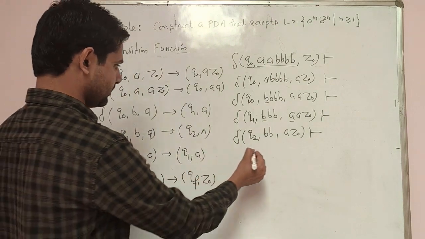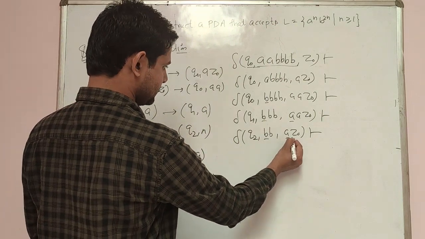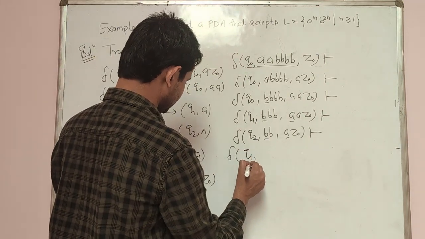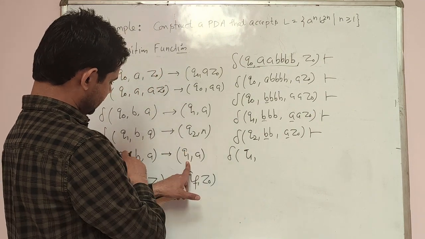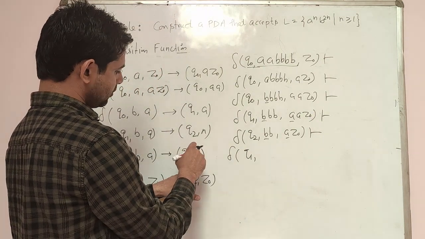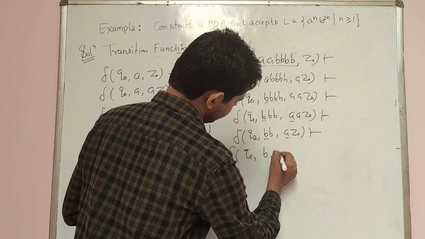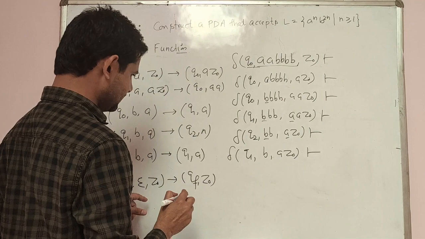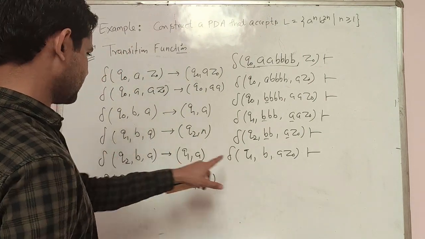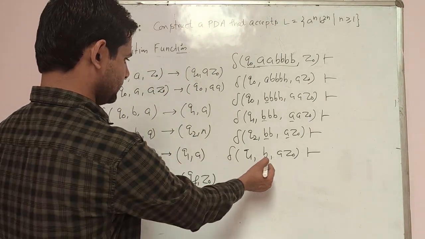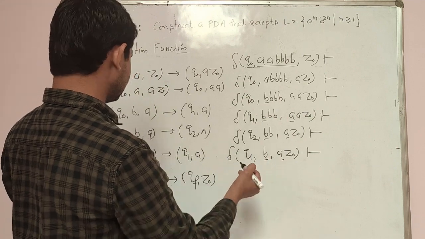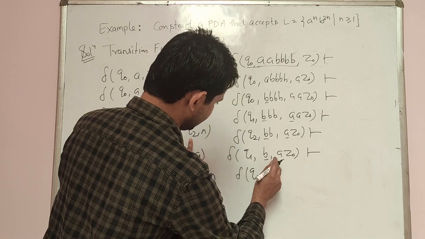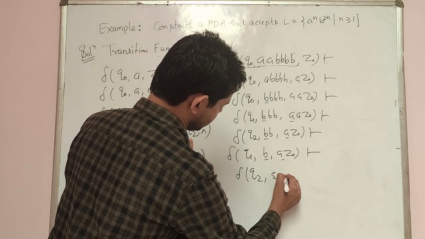Now we are on Q2. The input symbol is this one, the stack top is this one. We just move to another state, Q1, without changing anything in the stack. Stack top is A, Z0, and we just read it. We are on Q1 state, the symbol is B and the top is A. Then we again move to Q2, and it will be null now, as there is no new symbol.